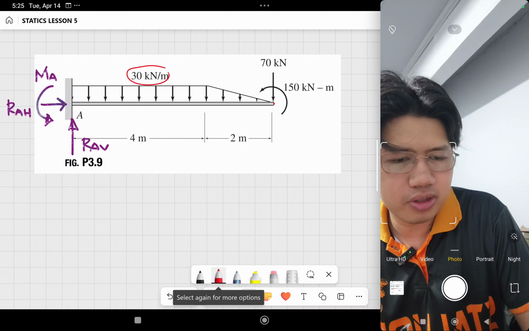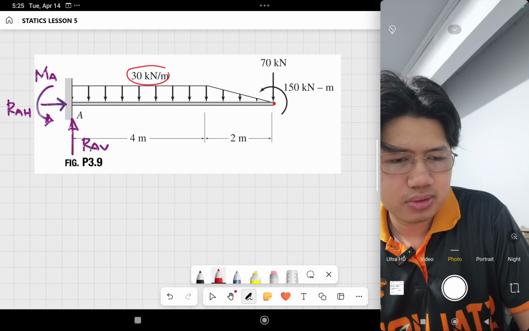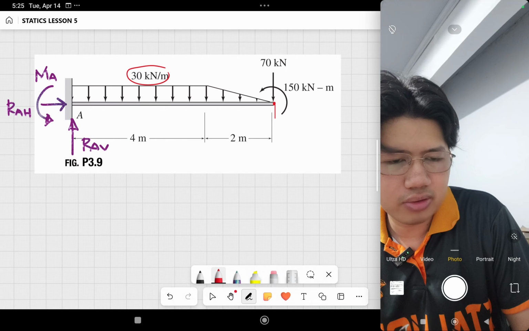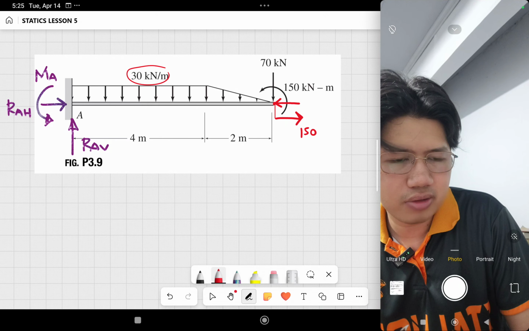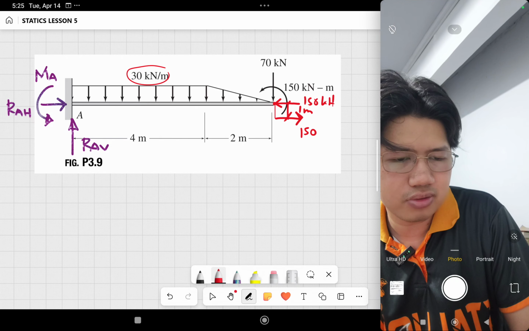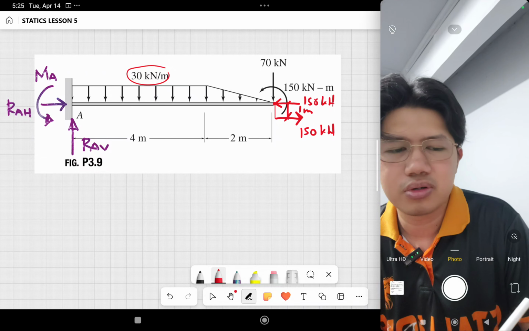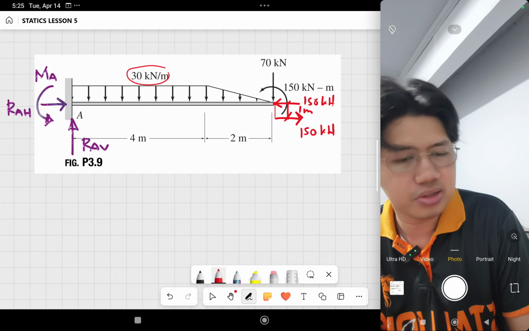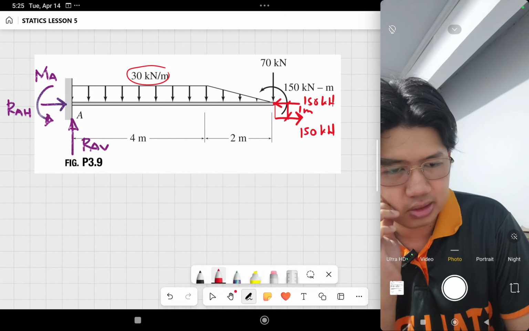No, at this point, merong tayong either 150 na 1 meter apart. 150 kN, 150 kN. So that is 150 times 1 meter is 150 kN meter.